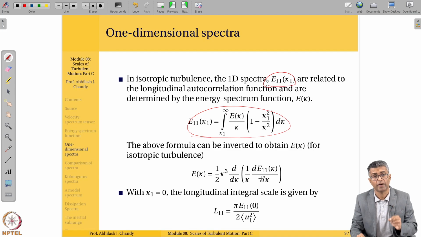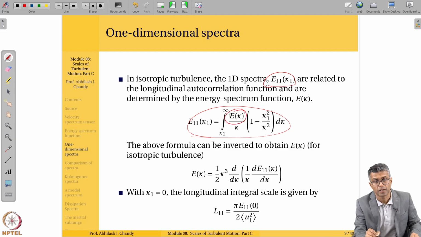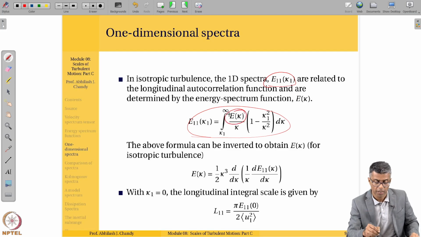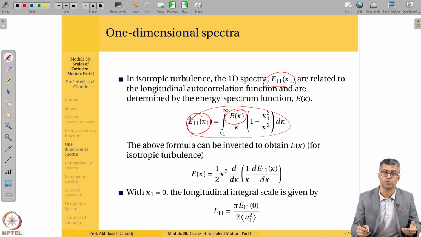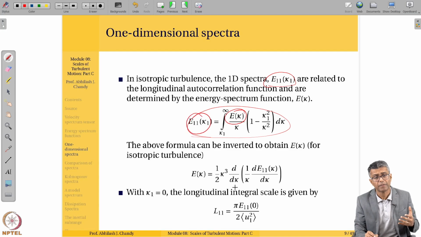Here we have E11 for a single component. The derivation wasn't shown here, but E11 you can express in terms of E kappa, the energy spectrum function. This is the 1D spectra. And from this equation, you solve for E kappa by taking the derivative of the 1D spectra.